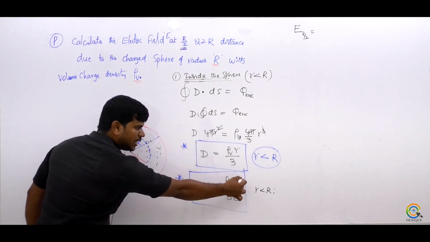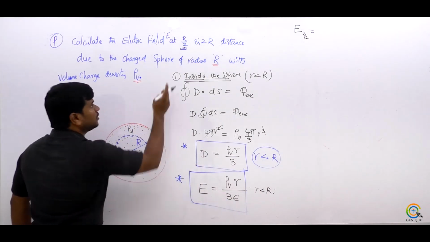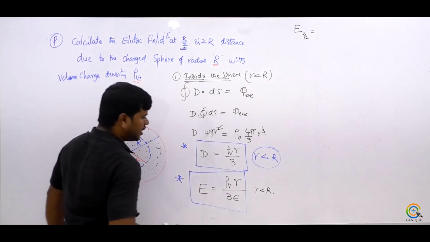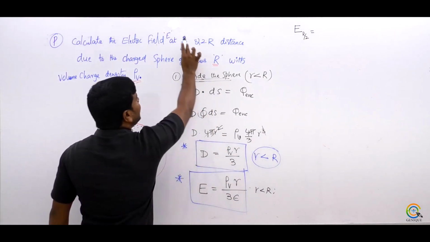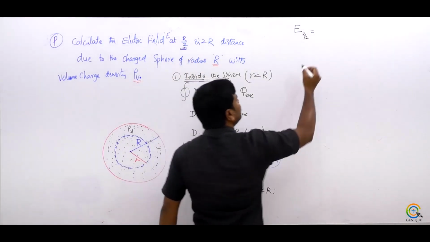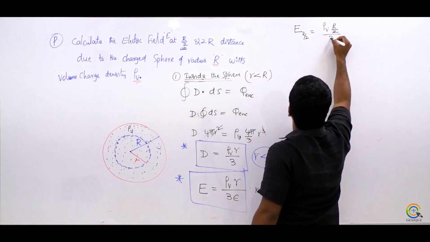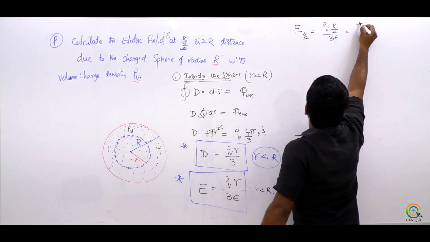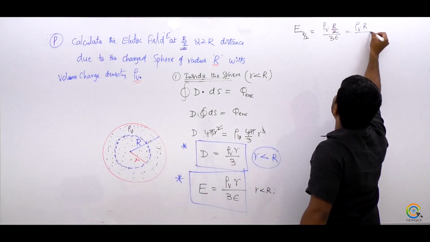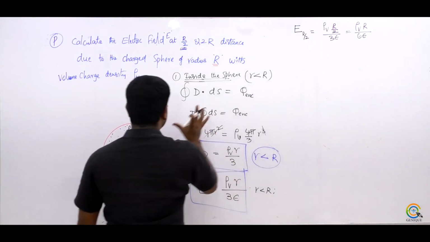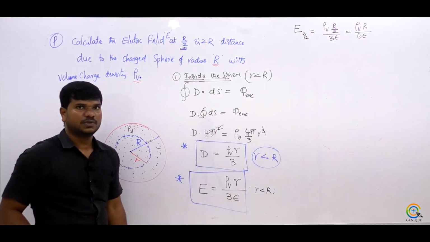You can replace r by the given value, and since it is inside, in place of r you can write R by 2. So that means rho v into R by 2 divided by 3 epsilon. This will be rho v R divided by 6 epsilon. So this is the electric field intensity inside.